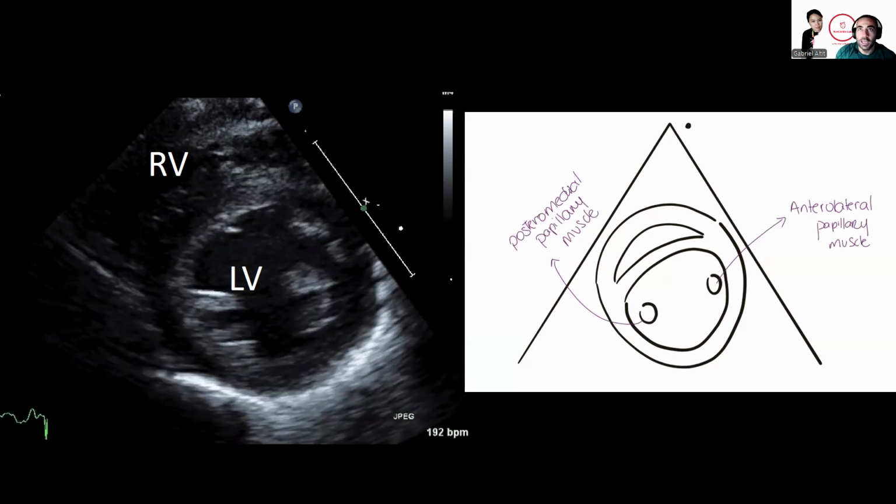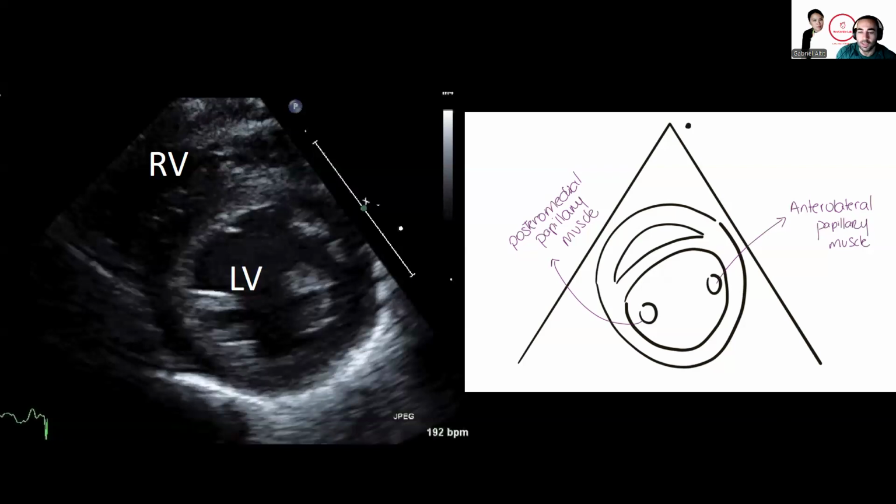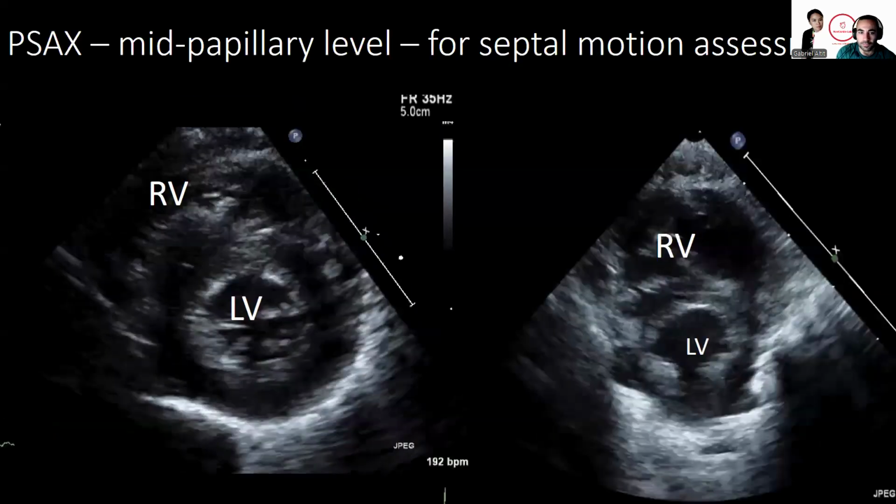And for interatrial shunts that are left to right, usually not in the first year of life. It's really after 1 year of life where you start seeing flattening of your septum in diastole because you get an overloaded RV. In the first year of life, you don't really see that even if you have a big ASD shunt typically, although there might be exceptional circumstances, but definitely not during the neonatal life.